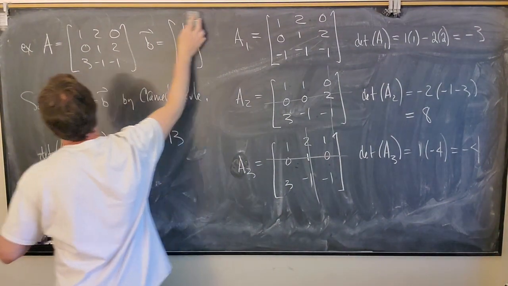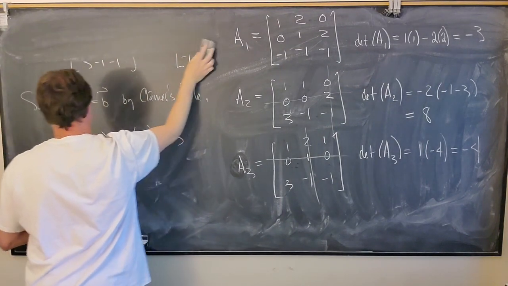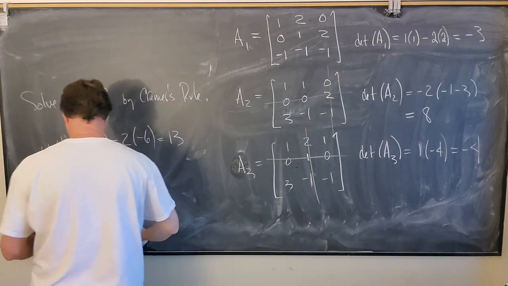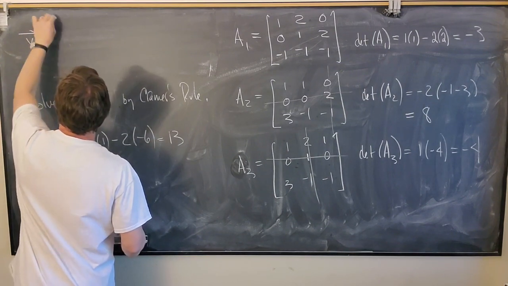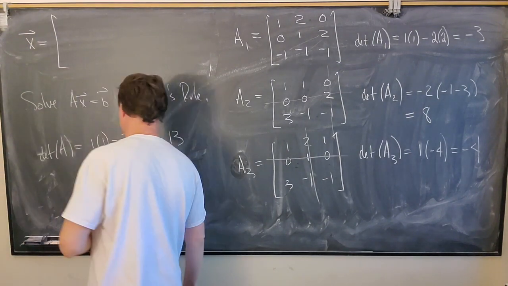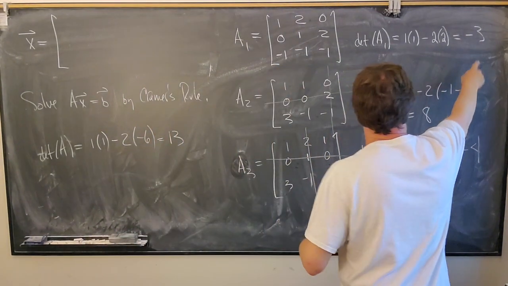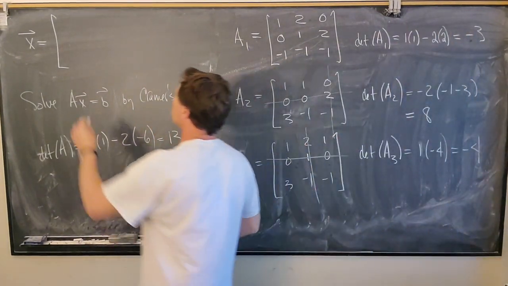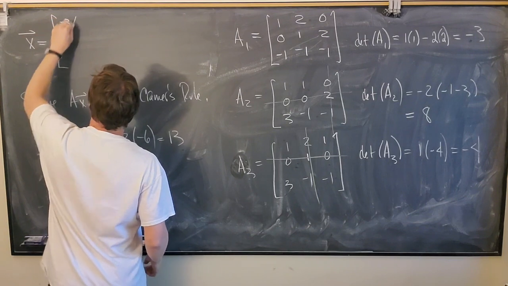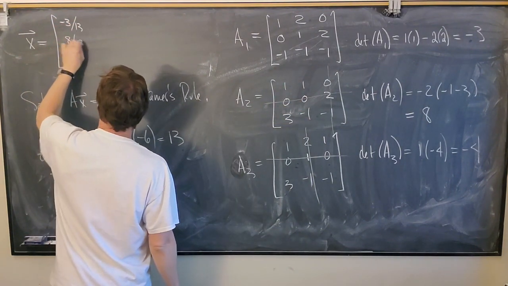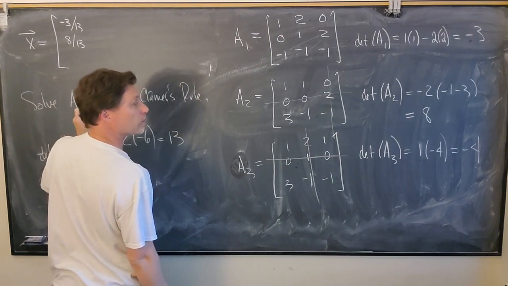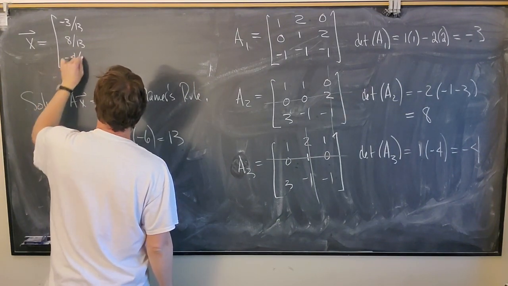So now X is equal to, so what do we have? The first entry is negative 3 divided by 13. Second entry, 8 divided by 13. And the third entry, negative 4 divided by 13.